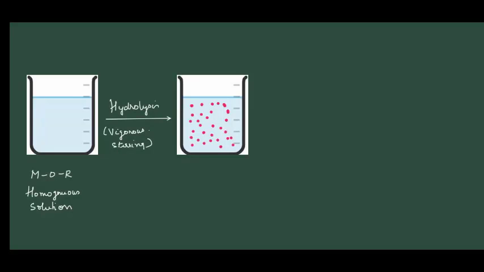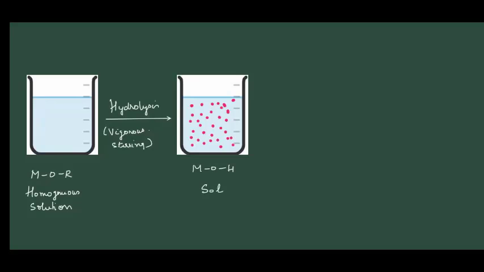A colloidal solution is one in which the particle size is between 1 to 1000 nanometers. In normal solution, in a homogeneous solution, the particle size is less than 1 nanometer. So this contains MOH and this is the sol.